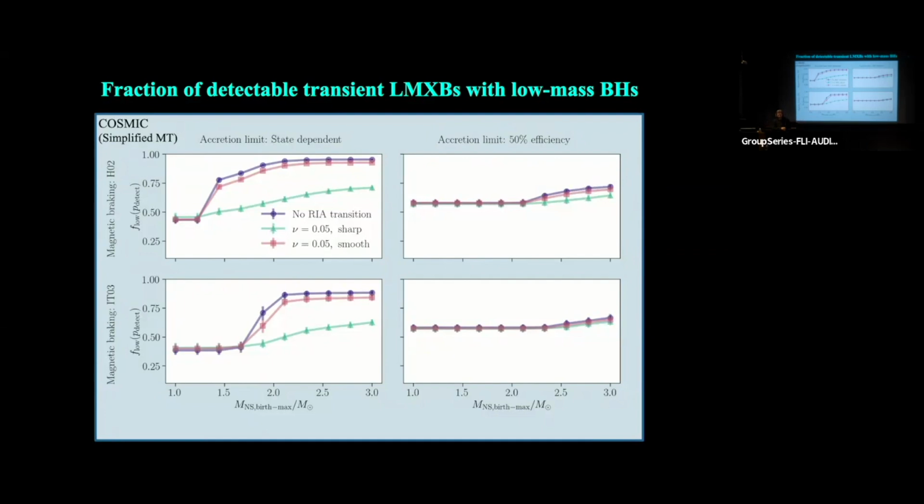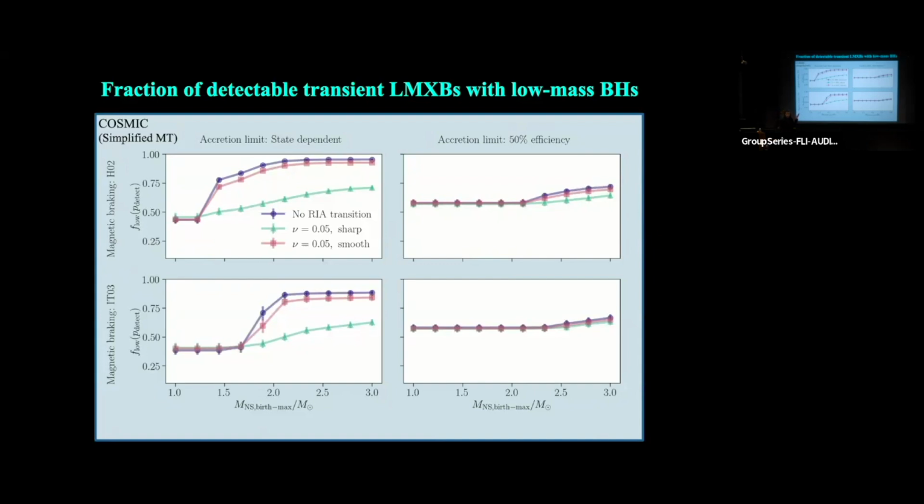This is what the plots show. But it's a function, right? How many will cross will depend on what is the birth maximum neutron star mass you allow in your model. We were not going to set a maximum in the beginning. Once we realized that this effect exists, then we thought, oh, maybe we need to look at this.